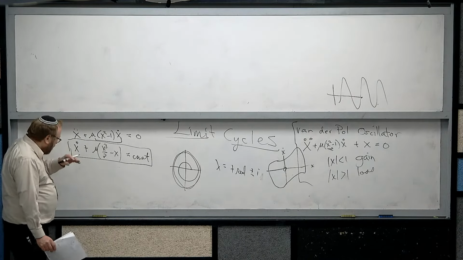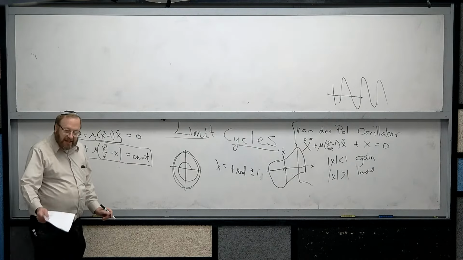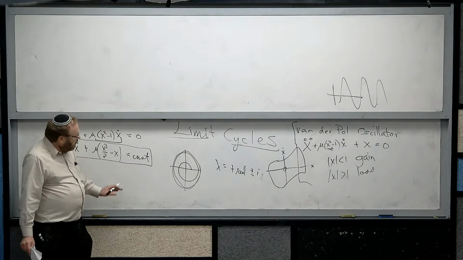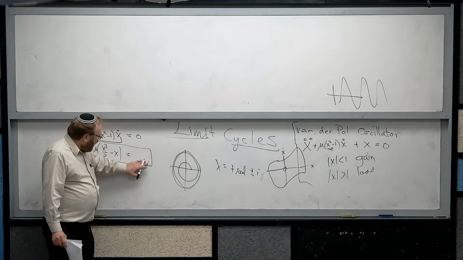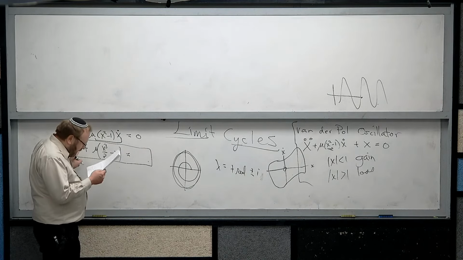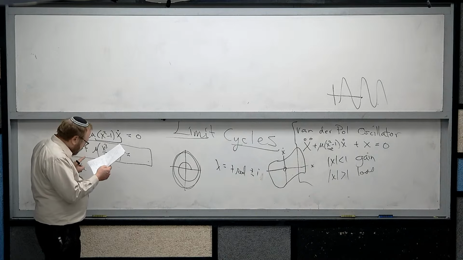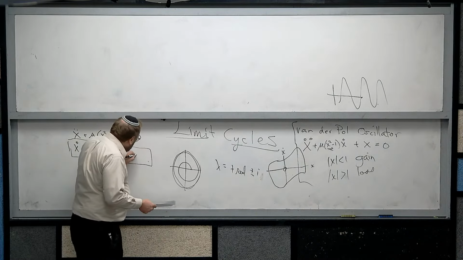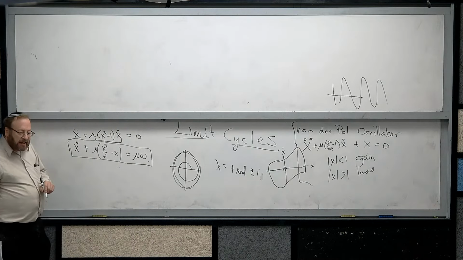It turns out that it's not really a constant, because this is an approximation. So what we're going to do is define something that's small, so it's not exactly 0.